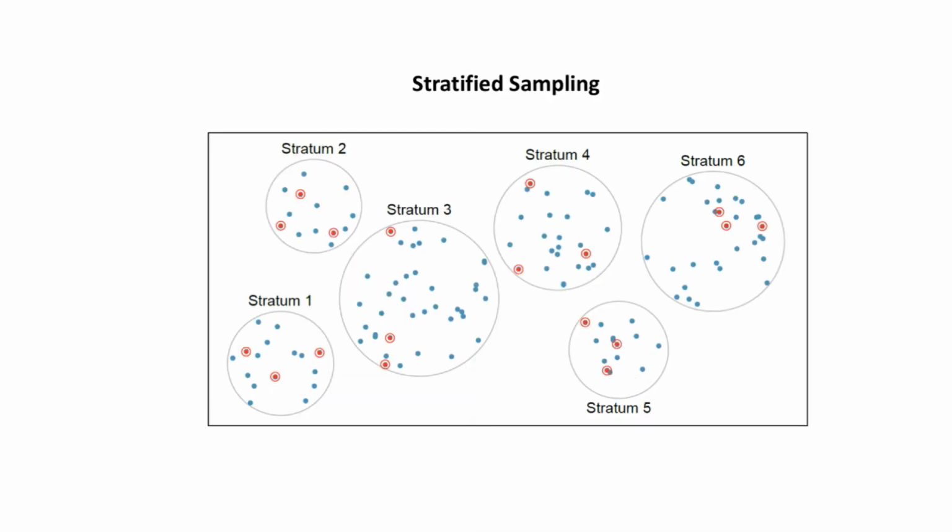So this is what stratified sampling looks like. So we have these 6 different strata. So we have our population, we have our sampling frame, and we divide the sampling frame into these 6 groups. Right? Then within each of those groups, we select a certain number of cases or observational units.